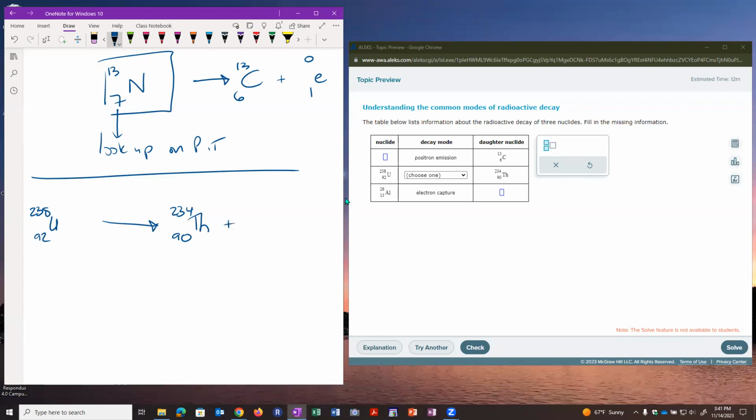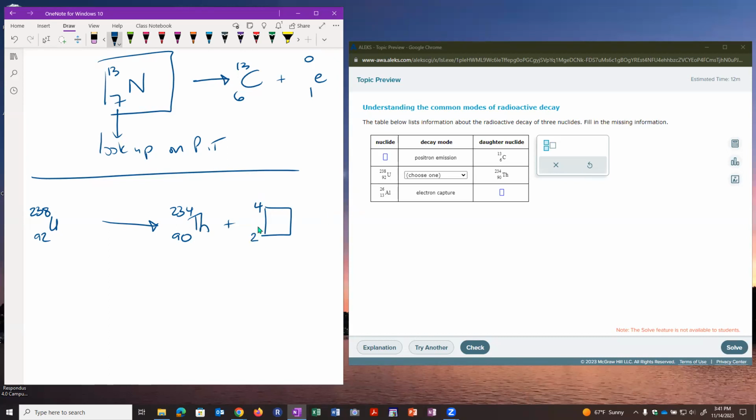So whatever I have here, in order for the math to work, this 234 plus this thing should add up to 238. So obviously 234 plus 4 should add up to 238. And 90 plus something here should add up to 92. 90 plus 2 will add up to 92.